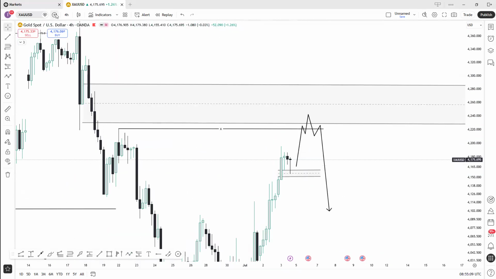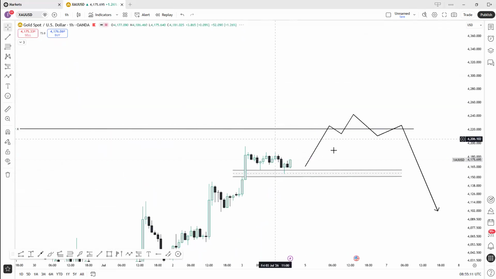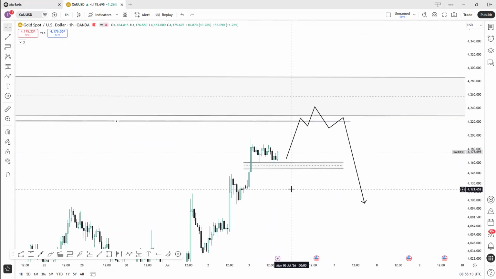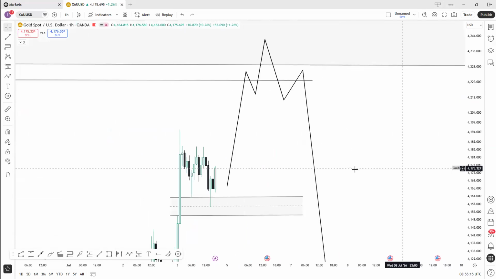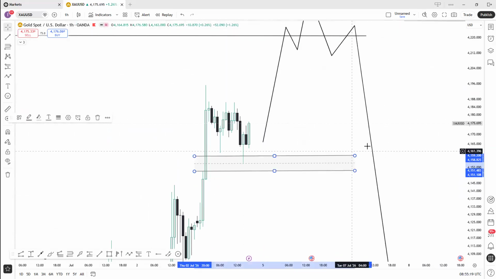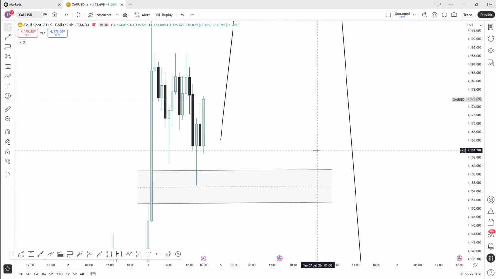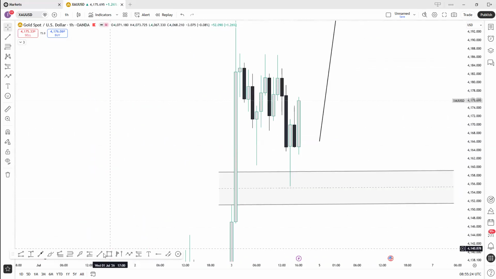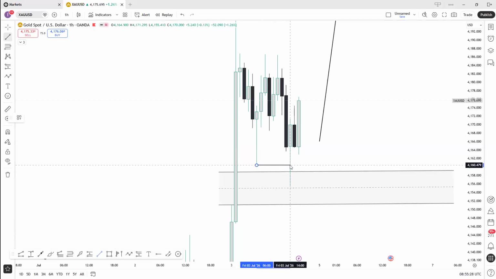When you shift to the lower time frame, H1, let us zoom it out. Very clear, we have this structure on H1. You can see price took out that sell side liquidity. After the liquidity sweep, that candle mitigated the 4H fair value gap.